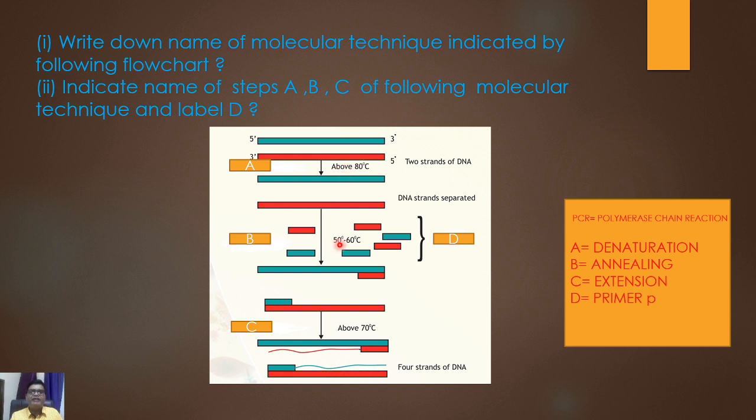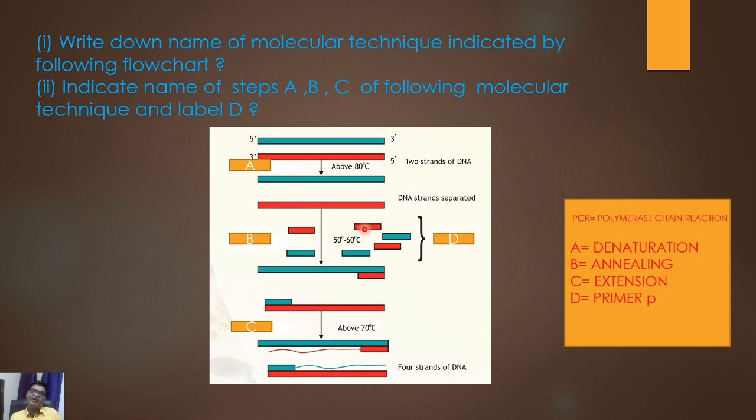Then we calculate the annealing temperature, that is, the temperature of annealing is 4 times G plus C plus 2 times A plus T. That indicates the calculation of annealing temperature. What do you mean by annealing? The binding of the primer.